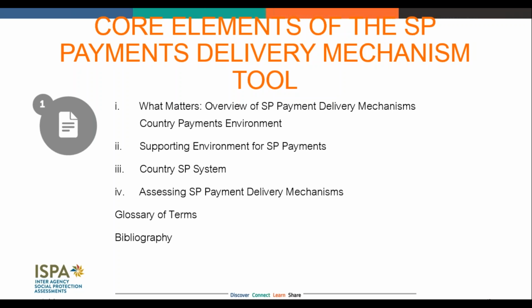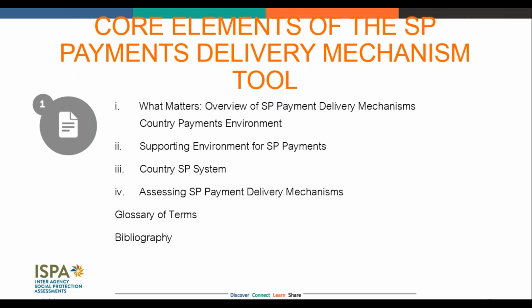It looks at the key actors, which I will also review during this presentation. And most importantly, very much the heart of this tool is the assessment criteria that we're recommending for use in the assessment of individual payment delivery mechanisms.